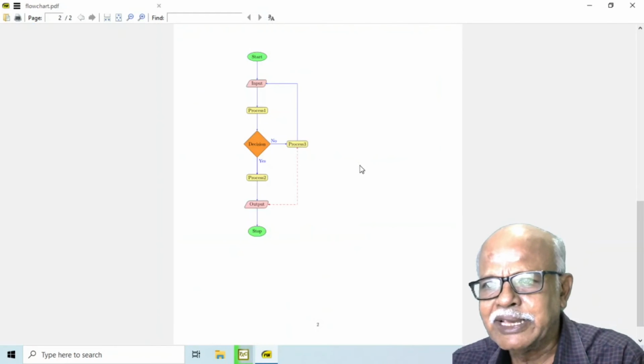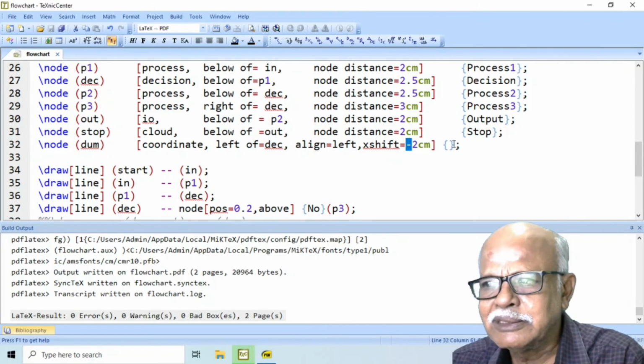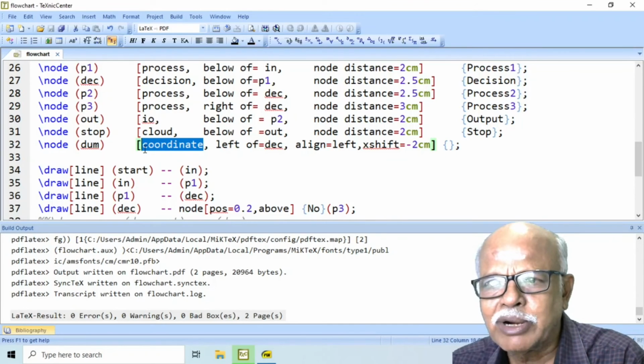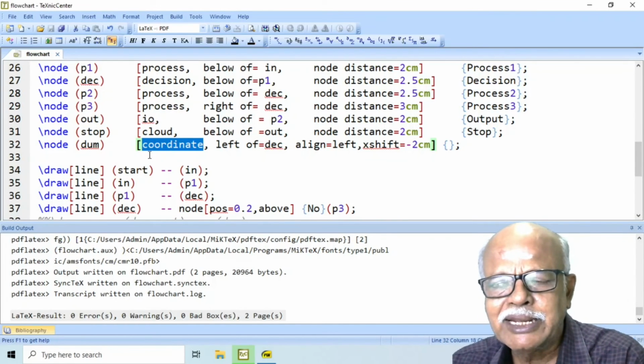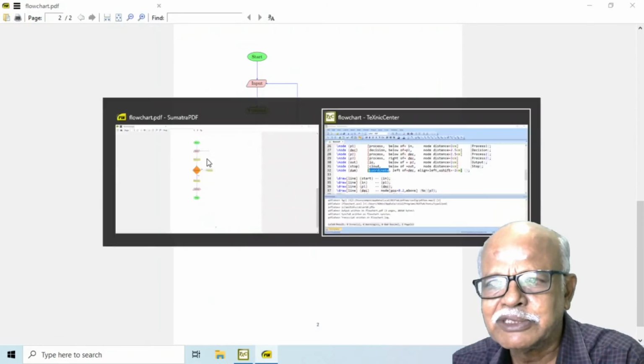We define here, and this node is not visible because here we have not given anything, number 1. Number 2, the style here is coordinate. Coordinate is a special case of node with 0 dimensions. There is no dimension here, therefore it is not visible.